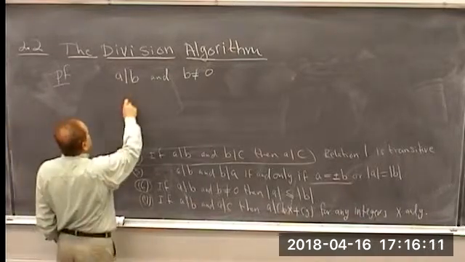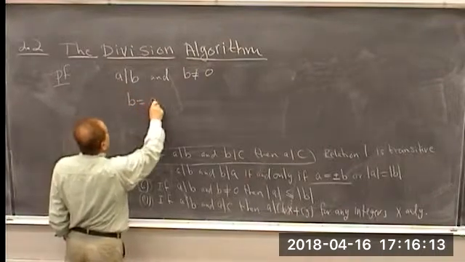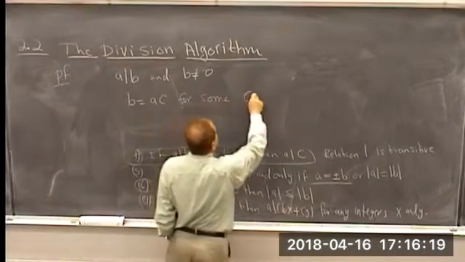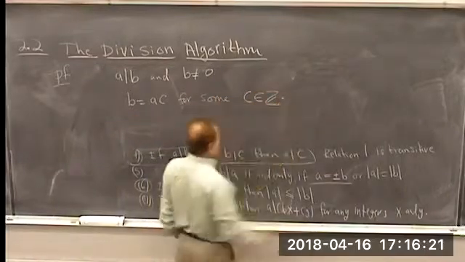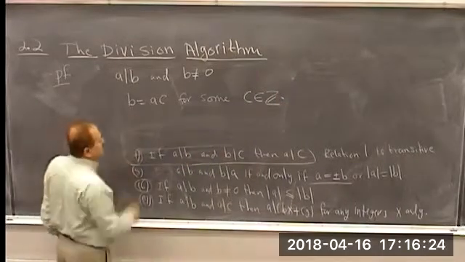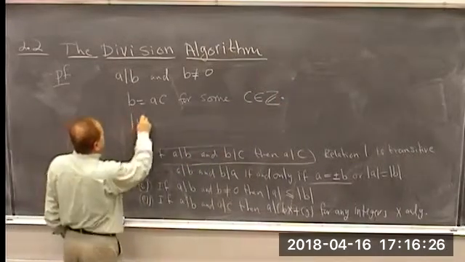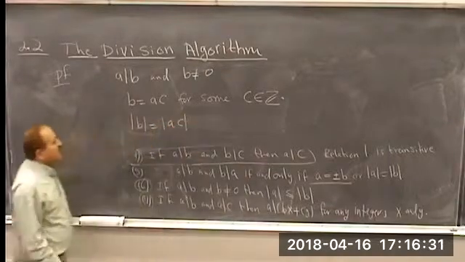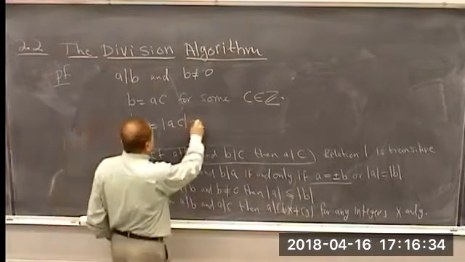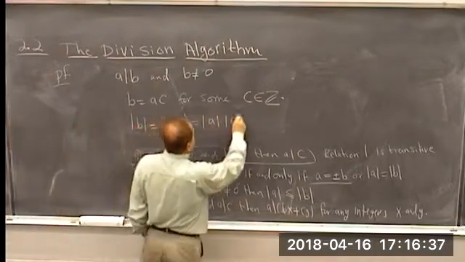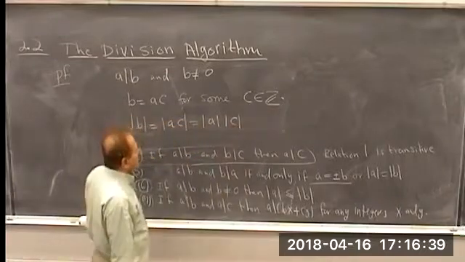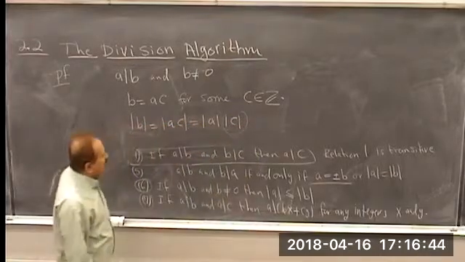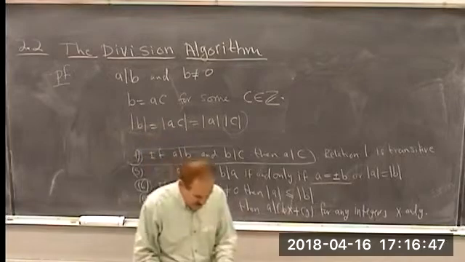Then from here we have B is equal to AC for some C in Z. Well, let's look at the absolute value of B.